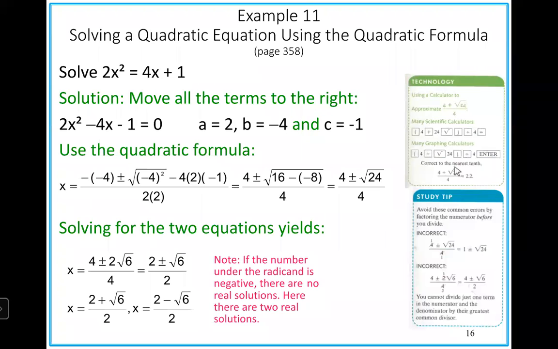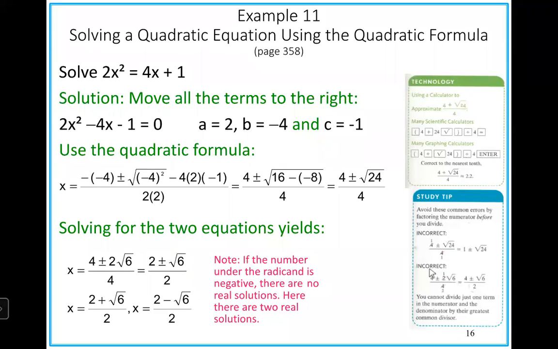But in this book, they didn't actually work it out to that point. They simply leave it in radical form. At the bottom here, they mention to avoid these common errors by factoring the numerator before you divide.